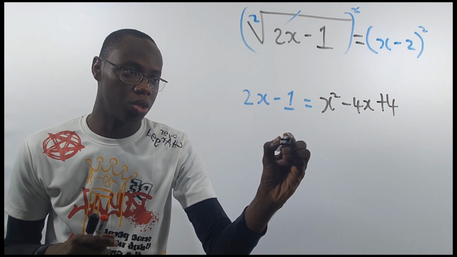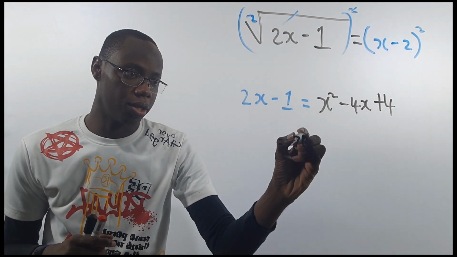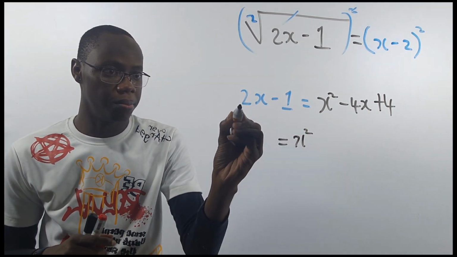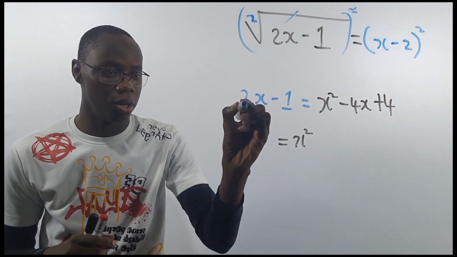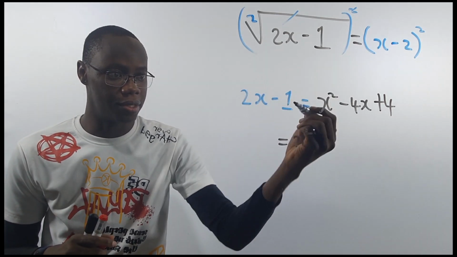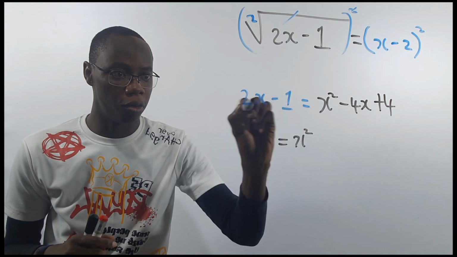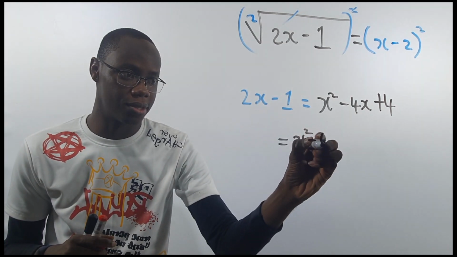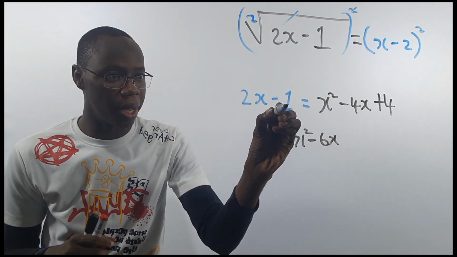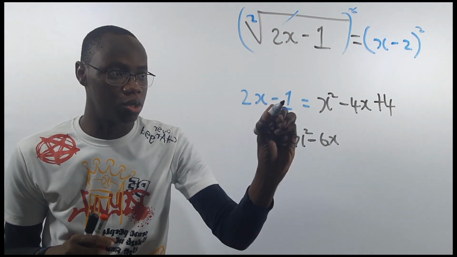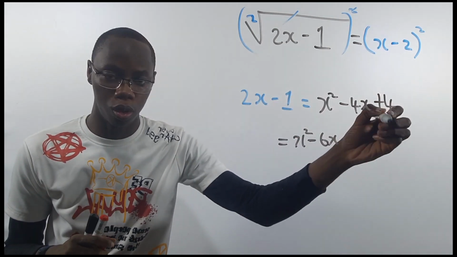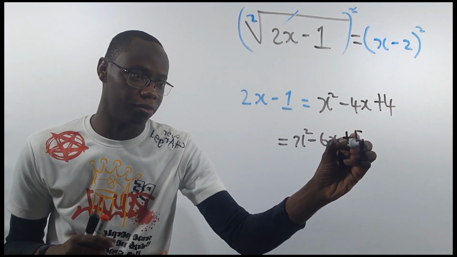So this will be equal to x squared, and then minus 2 comes this way, it becomes minus 4 minus 2, which is minus 6x, and then this minus comes this way too, so it becomes plus 1, so this becomes plus 5, like this.